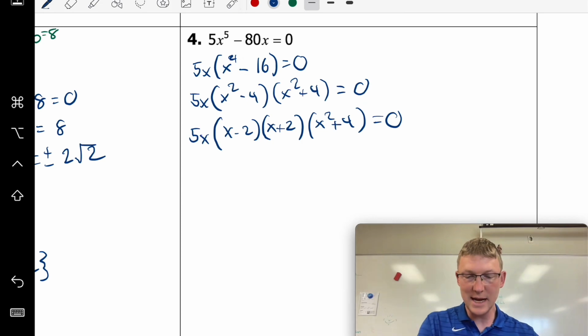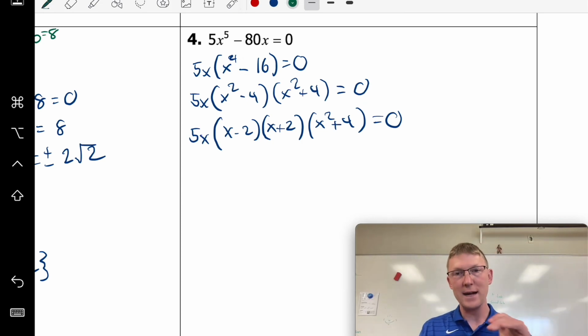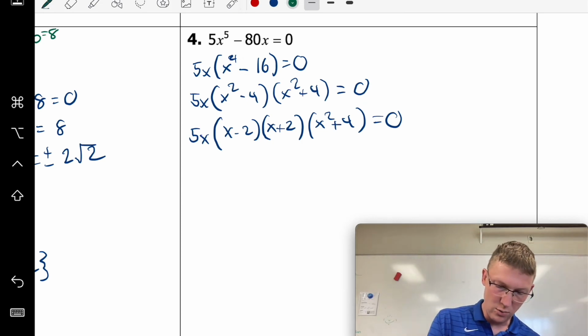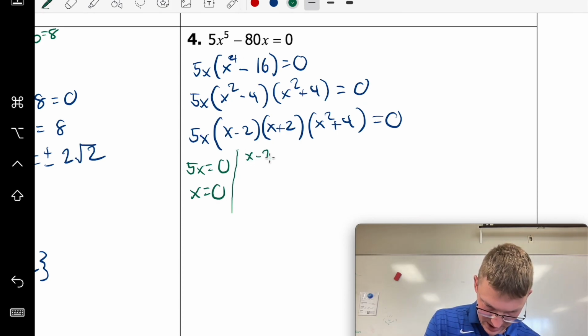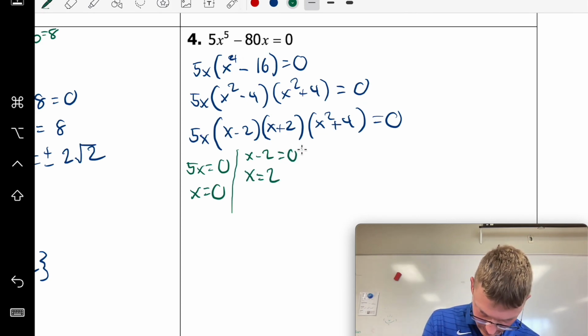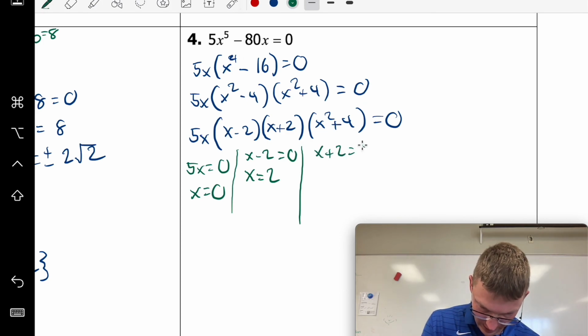So now we're going to set each individual factor equal to 0. So we're going to have 5x equals 0, x equals 0. We're going to have x minus 2 equals 0, x equals 2. We're going to have x plus 2 equals 0, x equals negative 2.